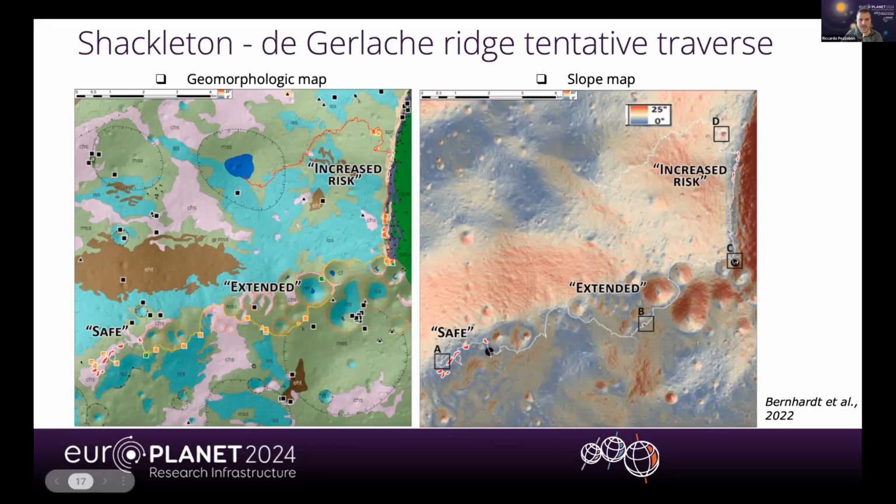And here you see that, for example, there are some squares. Okay, these are possible sampling spots identified, and they have drawn a traverse crossing through them. If you see here, the safe spots are within the blue threshold, so around flat areas, flat or very, very moderate sloping. And then you cross here, and then you arrive to this slope, and then the slope increases.